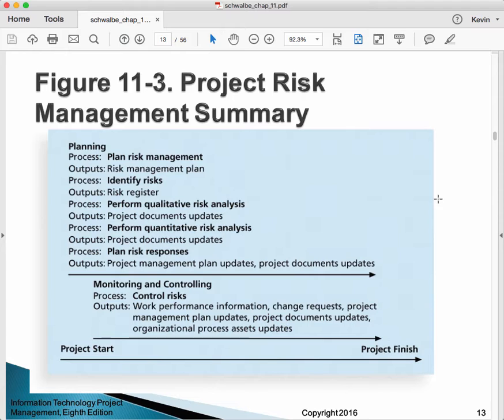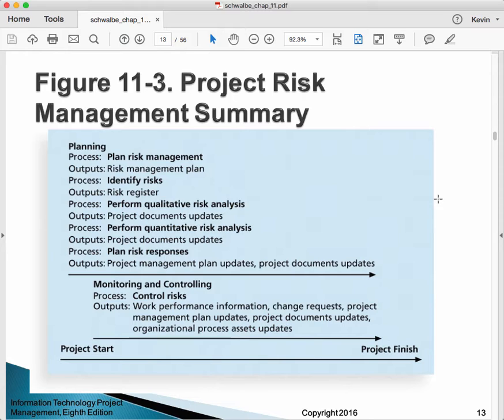And how do these fall into our project management process groups? Well, in the planning process group, we have most of the processes: plan risk management, identify risks, perform qualitative risk analysis, perform quantitative risk analysis, plan risk responses.